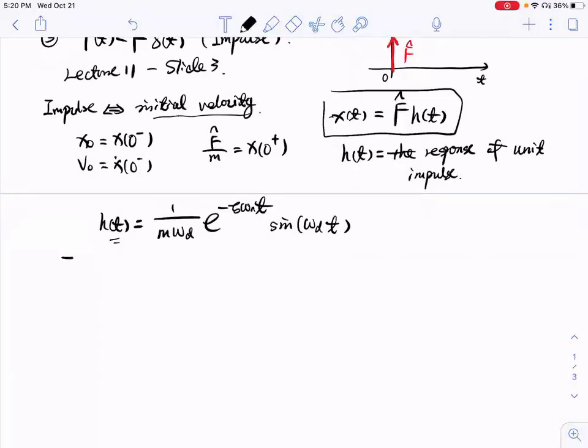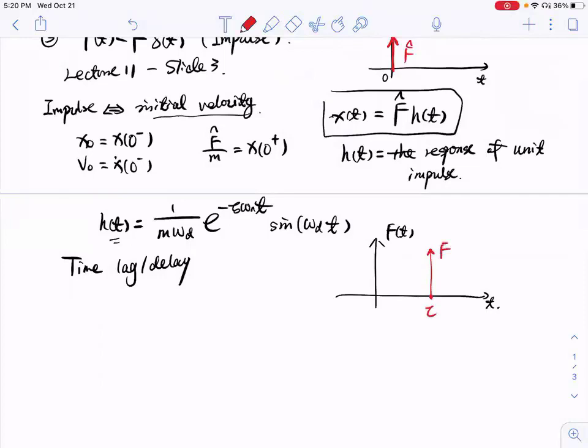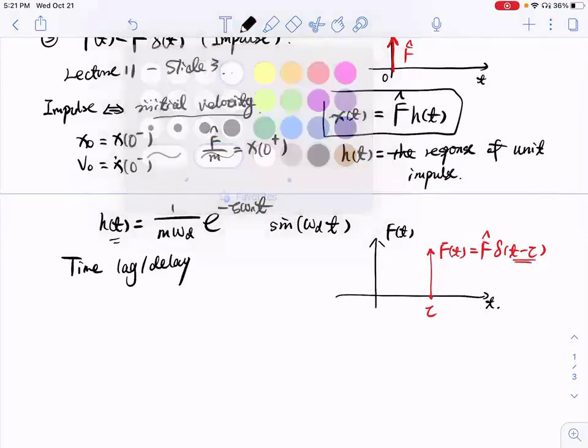All right, so sometimes you're going to see time lag or time delay. For example, in that case, you have your f(t). Your impulse no longer happens at time equals 0. If it happens at some point like τ, that means your f(t) is f hat times delta(t − τ). So if you see t − τ in your function, that means that equation is delayed by τ seconds.